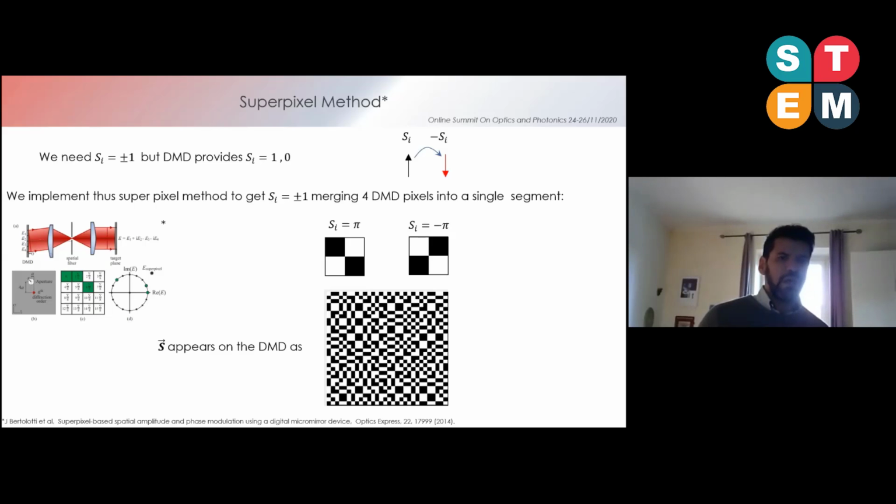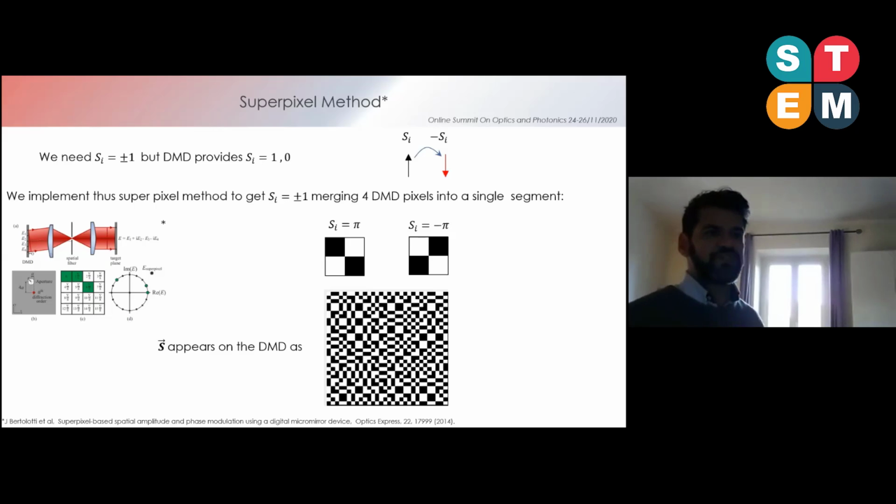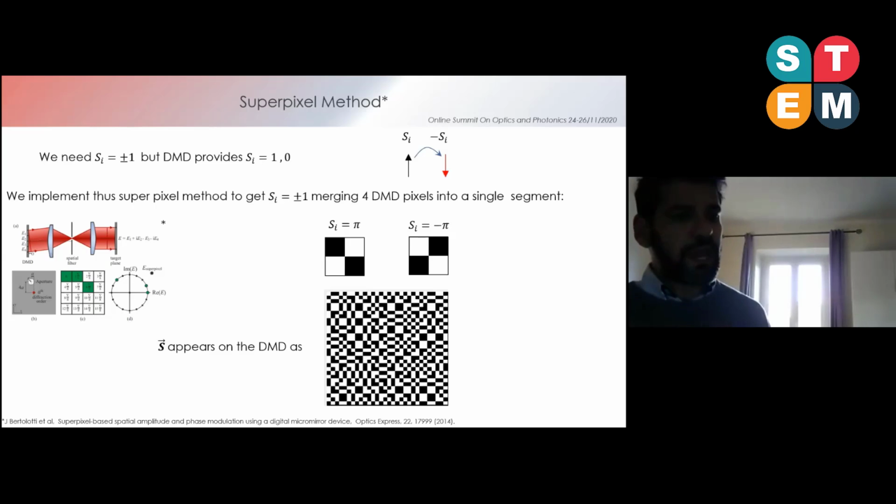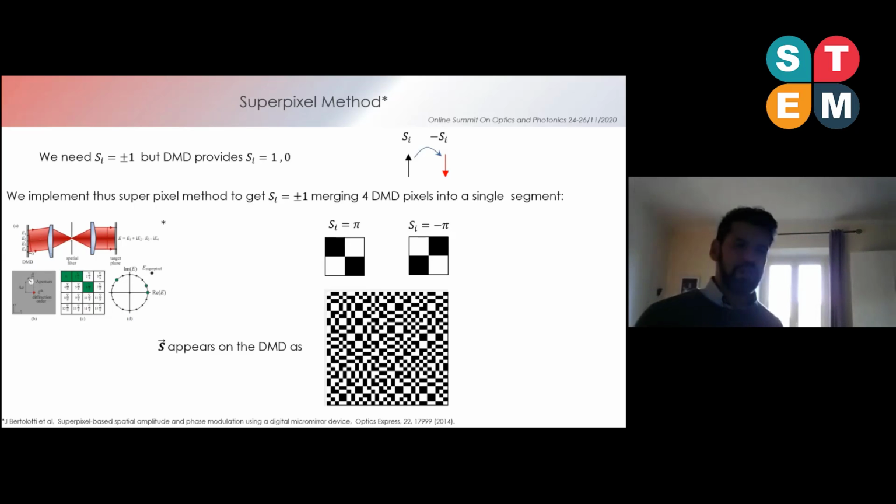So you have just, in principle, two possible steady positions. And so the DMD provides the S in the configuration 1 or 0. So you can turn on the light ray or turn it off. In order to transform it into a +1 or -1 configuration, you have to make some adjustment.